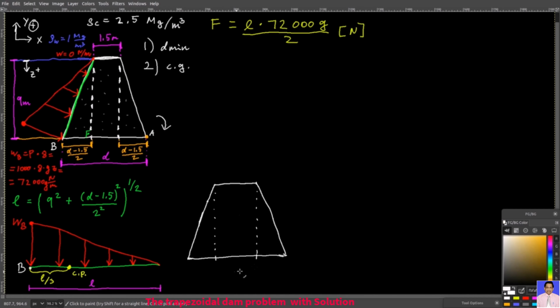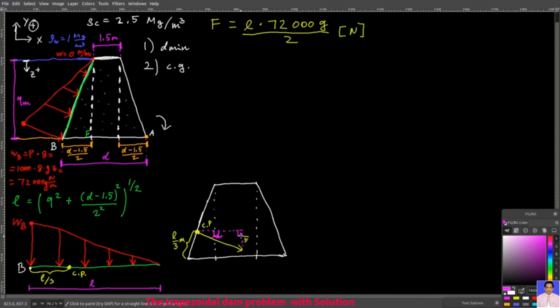So if I draw this dam here again, then the center of pressure, CP, is this distance here. And now this force acts through it like this. Then we can say that you have an angle alpha here that we can use to decompose our force into its x and y components.